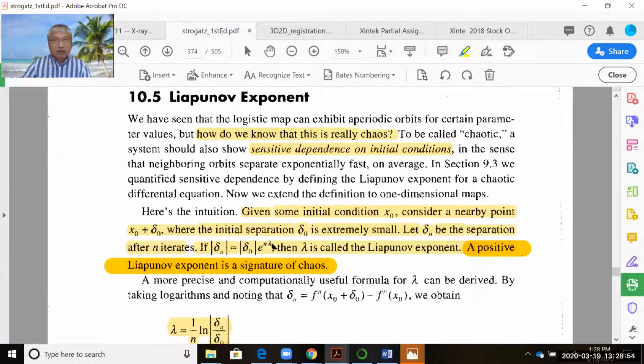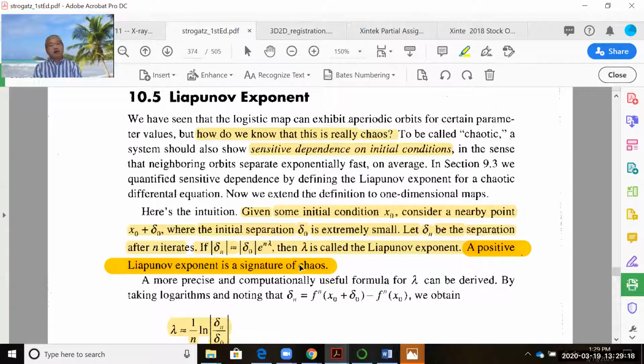If lambda is negative, then the separation becomes exponentially decreasing. That means it's a stable behavior. This is how we define a Liapunov exponent, by examining the sensitivity to the initial condition. So a positive Liapunov exponent is a signature of chaos.